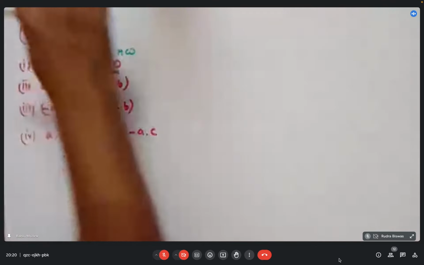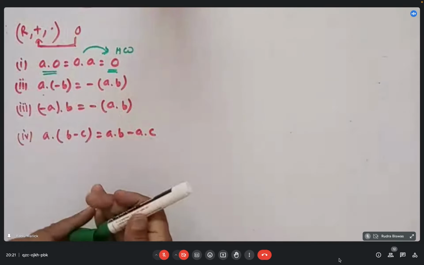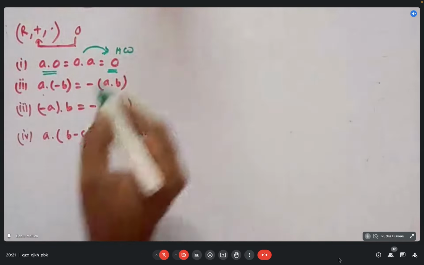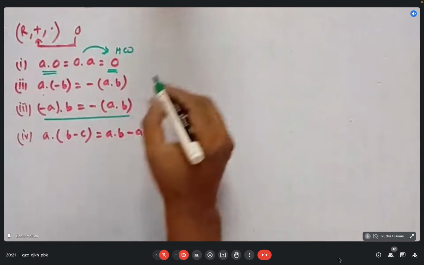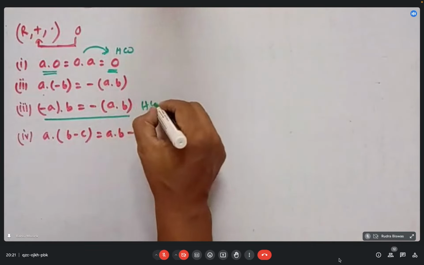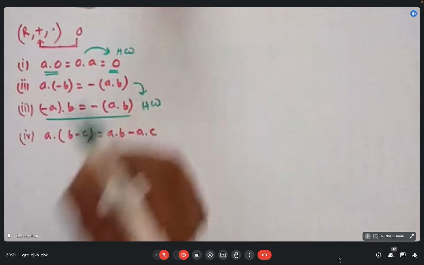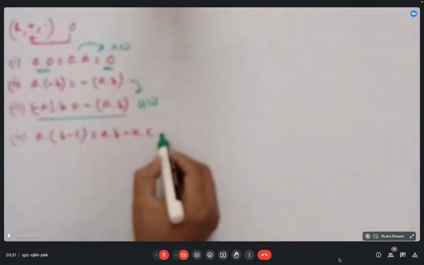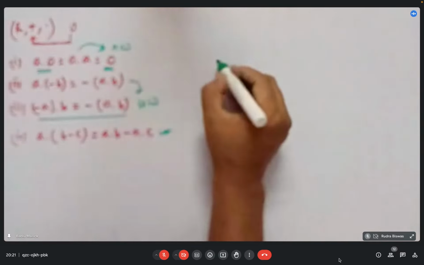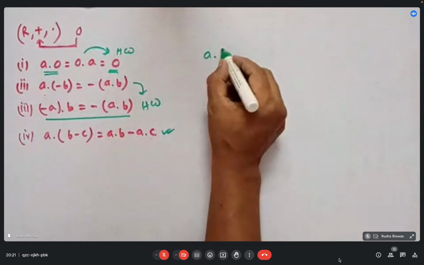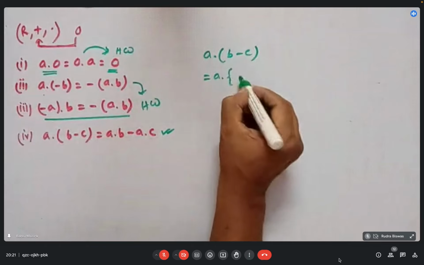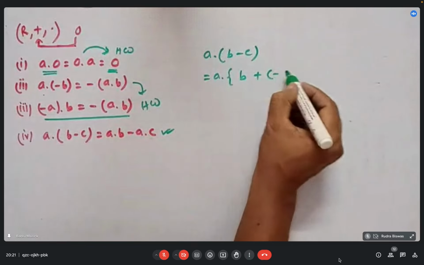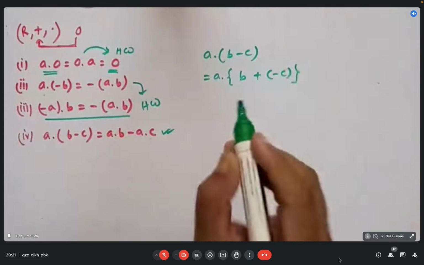Next level. See this thing, what are you getting? Minus a into b is equal to minus of ab. This is your homework, almost same. Now I shall do this thing. See a into b minus c, this is equal to a into b plus minus of c.